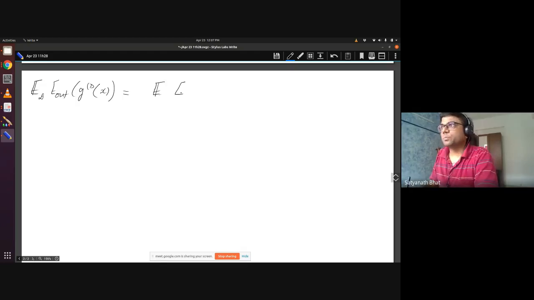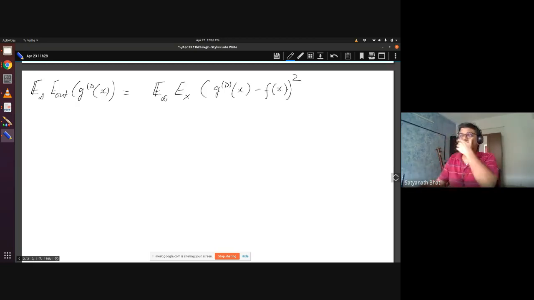It is the expectation over X of GD of X minus F of X whole squared. So this is just the definition. This is the loss function. F of X is what you would like to learn, how far you are different from each of the things.